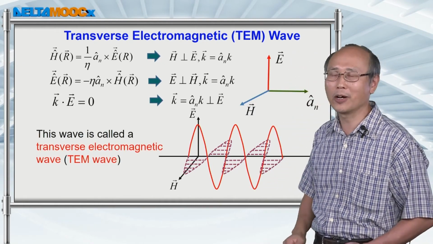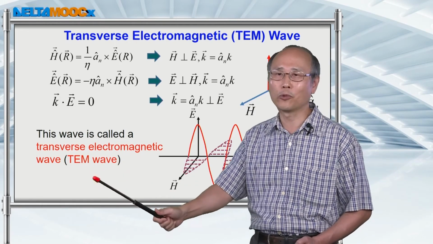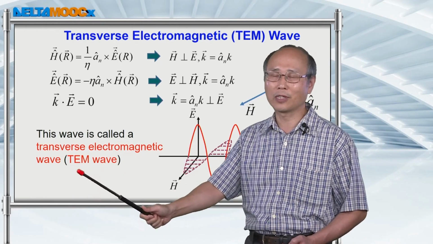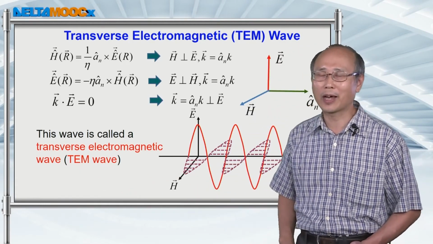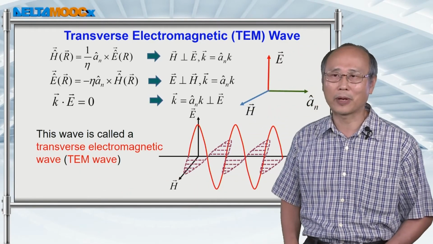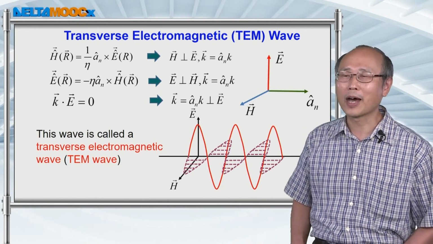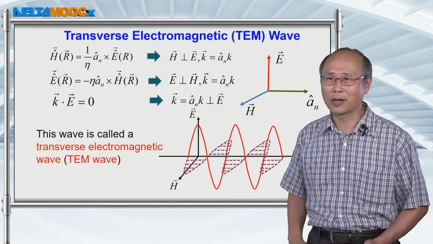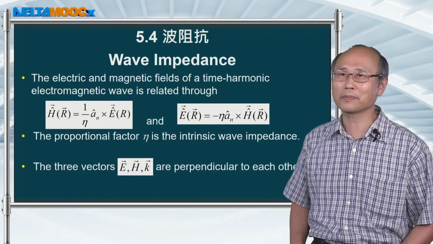We call this wave a transverse electromagnetic wave, or simply use the abbreviation TEM wave. This TEM wave is the simplest plane wave in space, and you should remember the directional relationship among these three vectors.